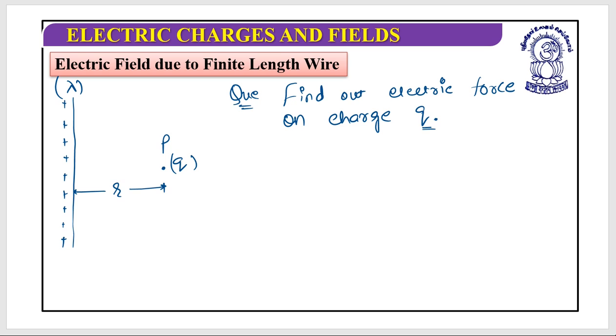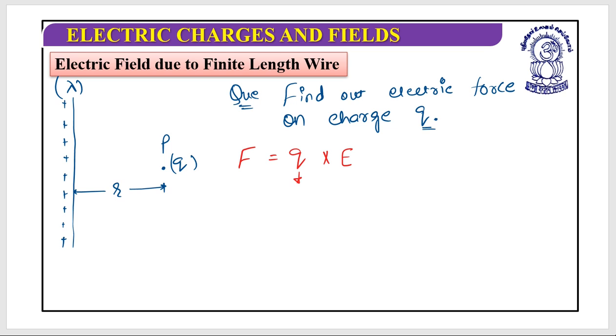Now tell me, how can you do this? What would be the situation when you need to find the electric force? Do you remember the previous class? We have written that when I need to apply a force, F should be equal to Q multiplied by electric field.